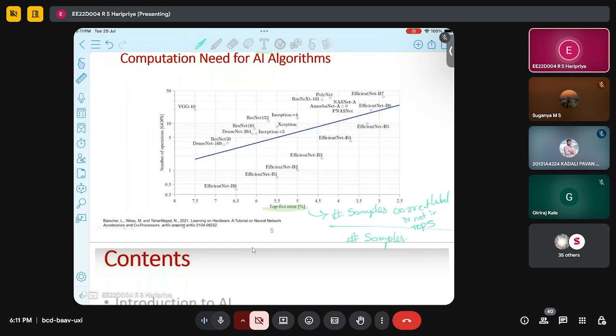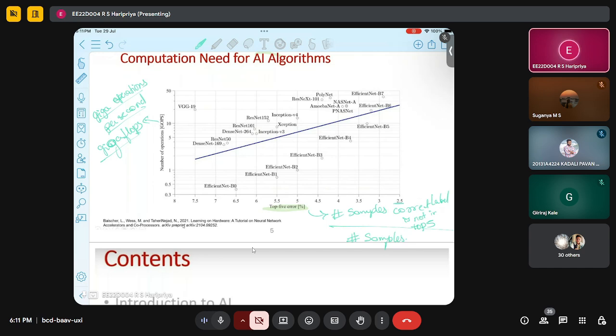GOPS is giga operations per second, or gigaflops. The lower this top 5 error is, the better the prediction accuracy will be.